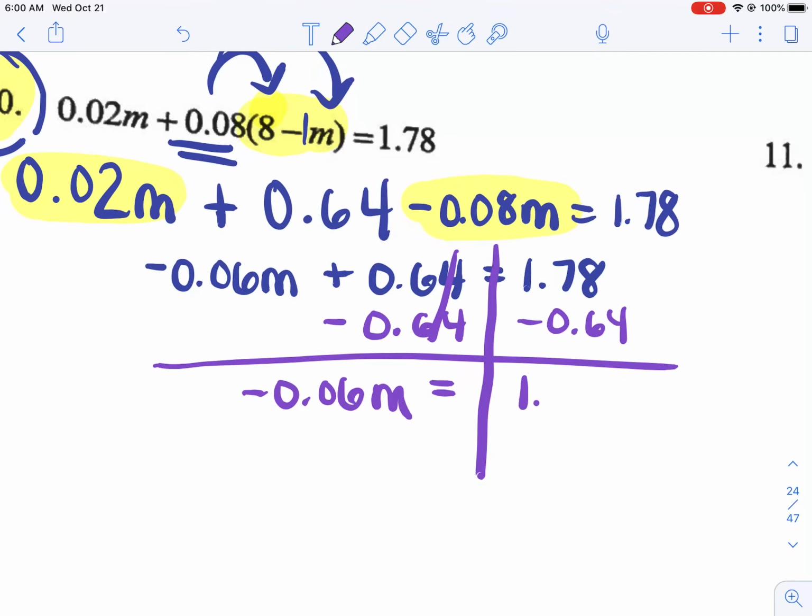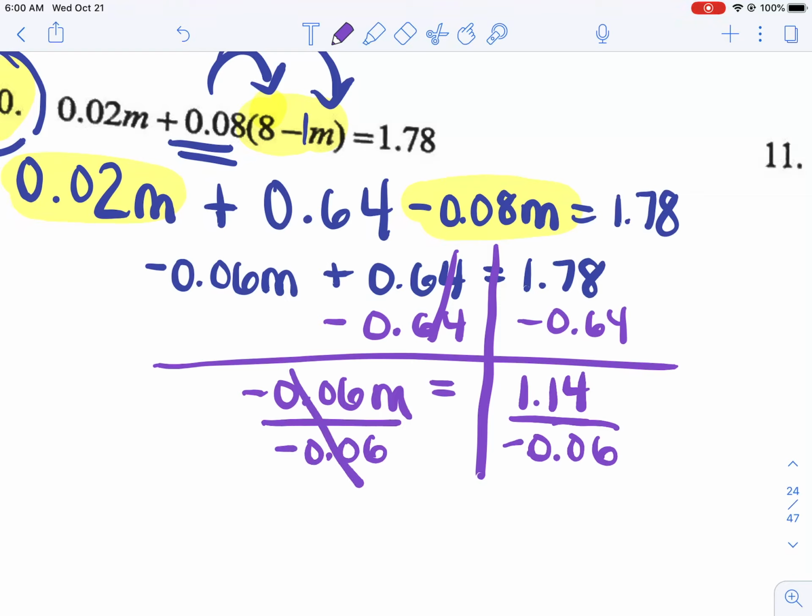And I'm left with 1.14. Divide both sides by negative 0.06. So then 1.14 divided by 0.06 actually leaves us with a whole number, negative 9.